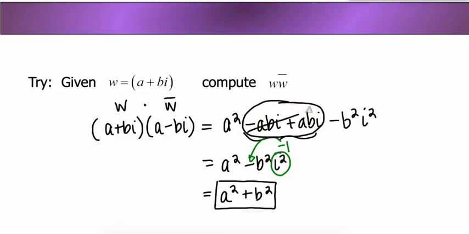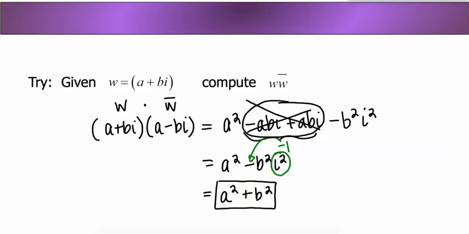So they cancel out, leaving you a squared minus b squared i squared. And then remember that this i squared is -1, so it changes the sign of the negative right here to a positive, and we end up with a squared plus b squared.